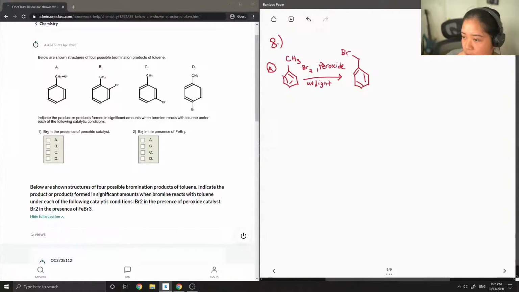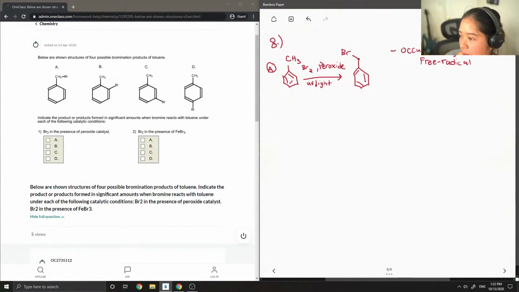So this is our carbon that is here. And this reaction, the mechanism occurs through a free radical process.